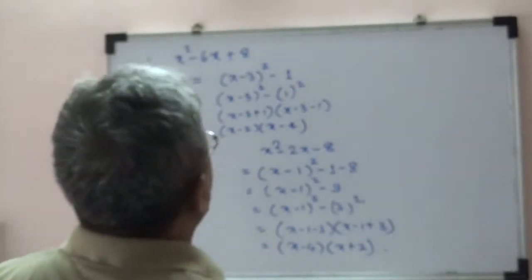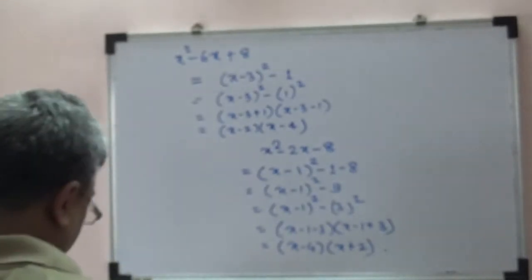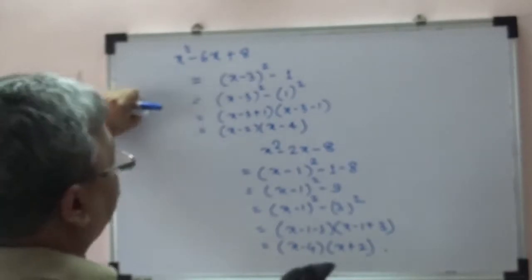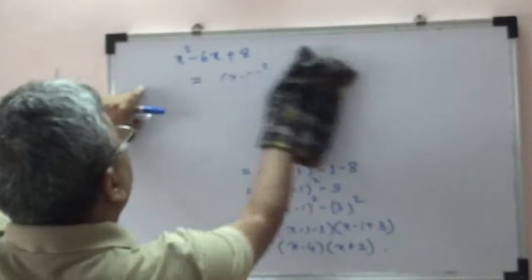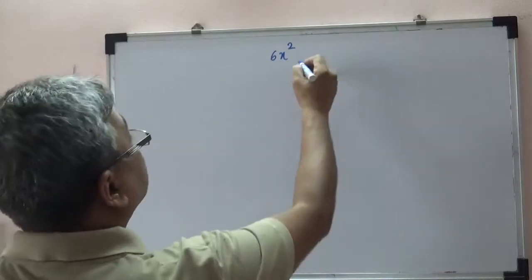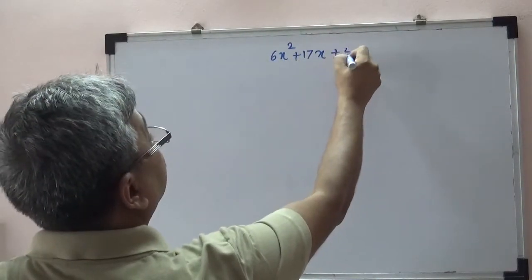Now another type of expression where we need to factorize is when the coefficient of x square is not 1. So let us see how we go about those factorizations. Suppose I have the expression 6x square plus 17x plus 5.